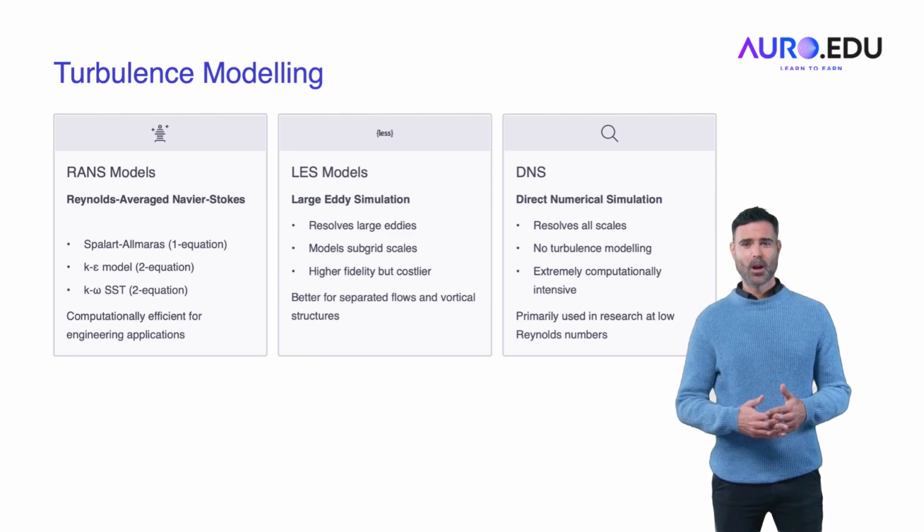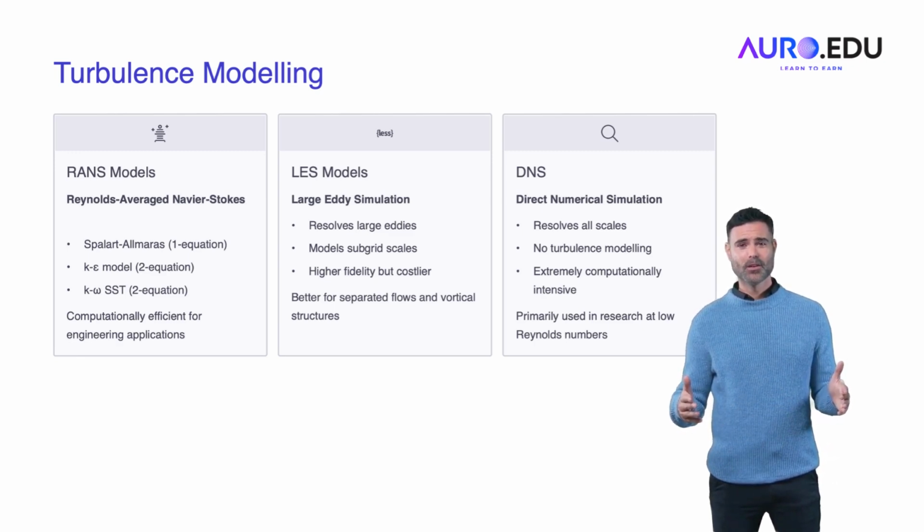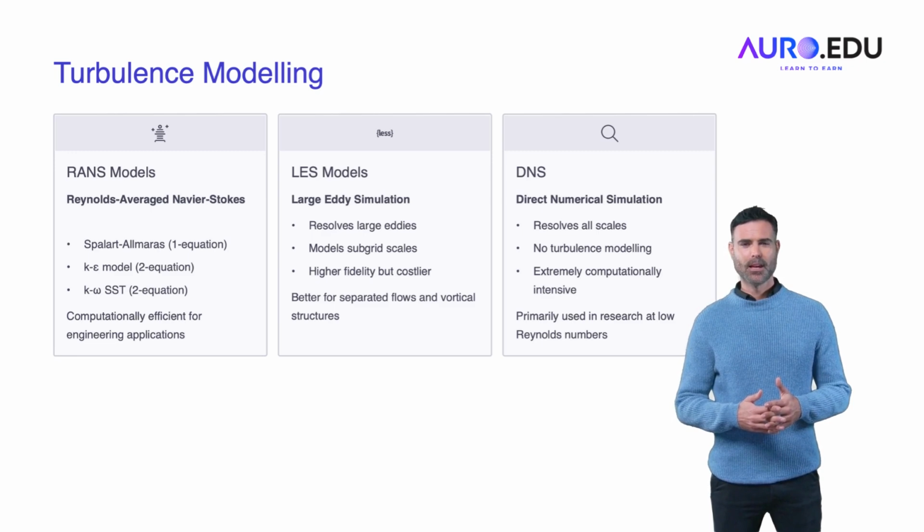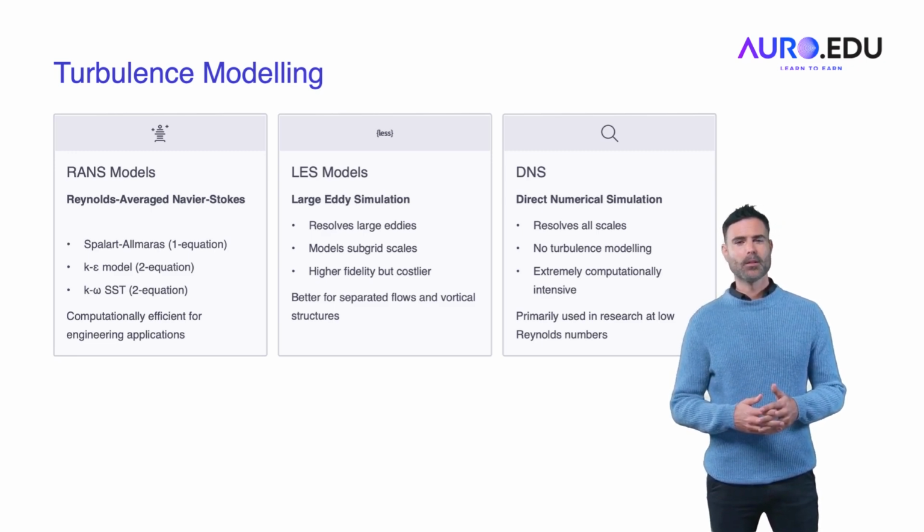The Spalart-Allmaras model is a one-equation model commonly used for aerodynamic applications, such as external flow around aircraft. LES, Large Eddy Simulation, resolves large-scale turbulent eddies and provides higher fidelity but is more computationally expensive. It is typically used in separated flow regions or high-fidelity research simulations.